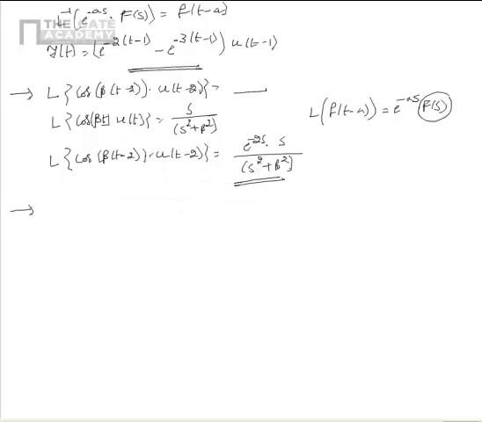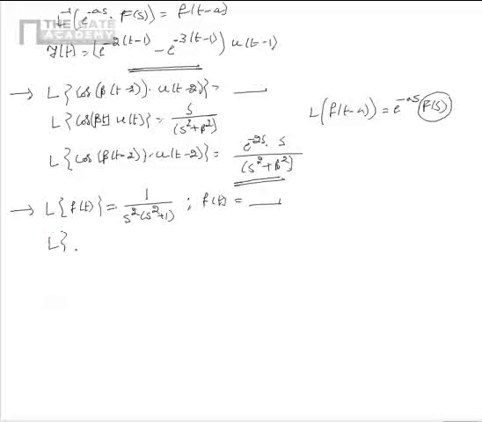Now let us look into another problem as per which it's given that Laplace transform of a one-sided function f of t is given as 1 by s square into s square plus 1. From this we need to find f of t.